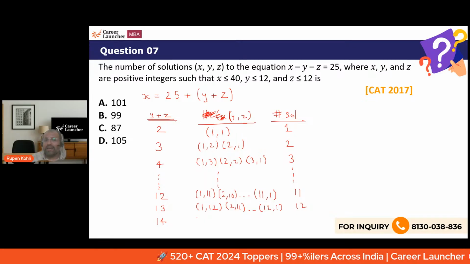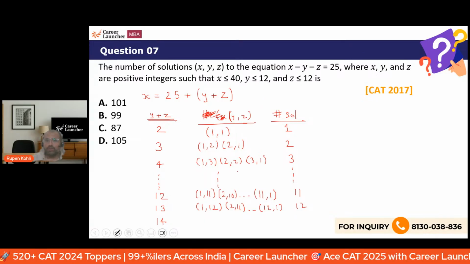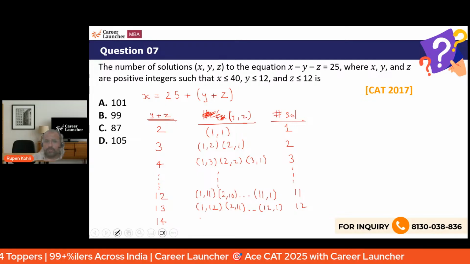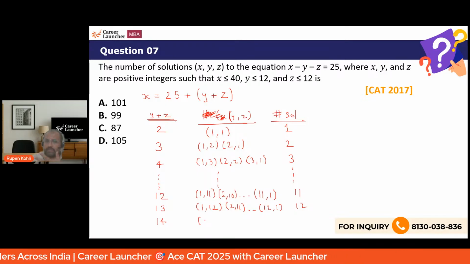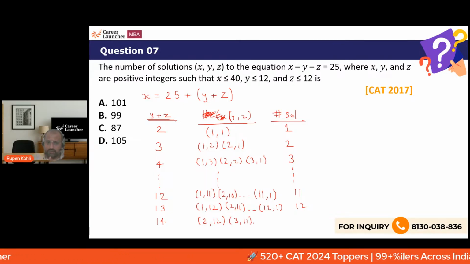But we will have an issue at 14, because now we can't write 1 13, right? We have hit our upper limit on y. So we can't write 1 13, and we'll start the solutions from 2 12, then 3 11, and so on until the other way around.